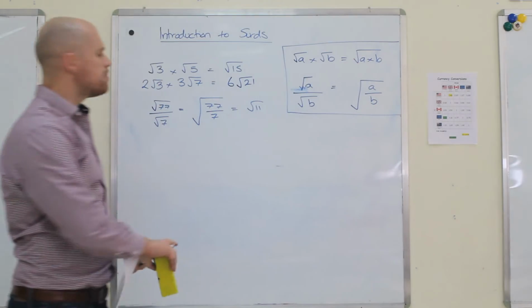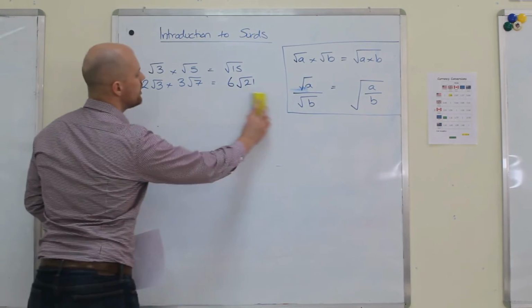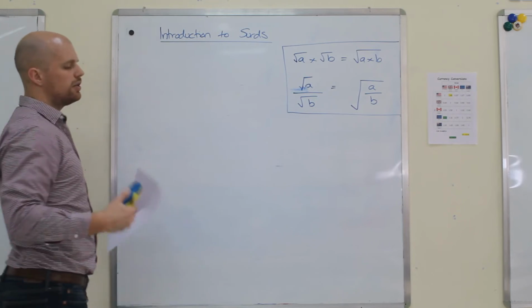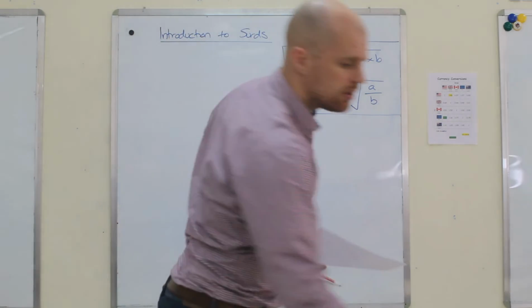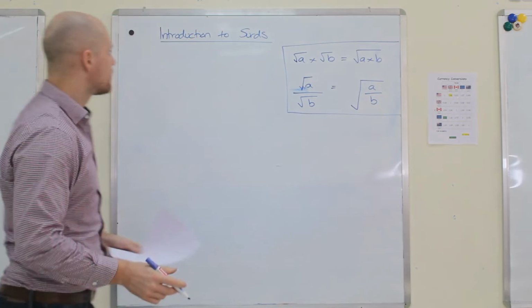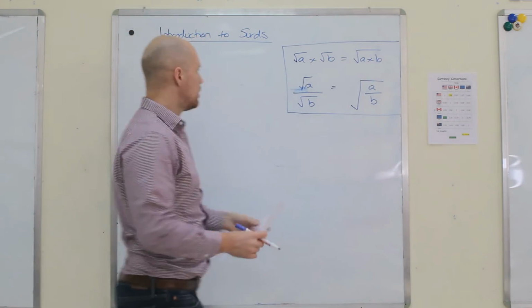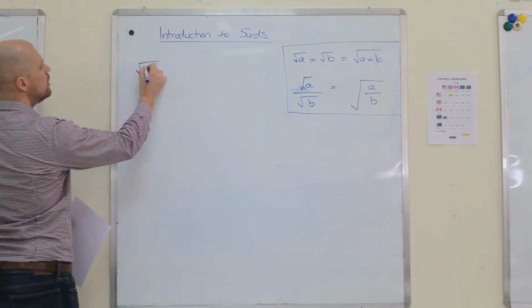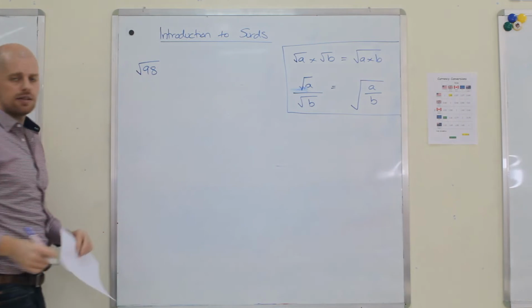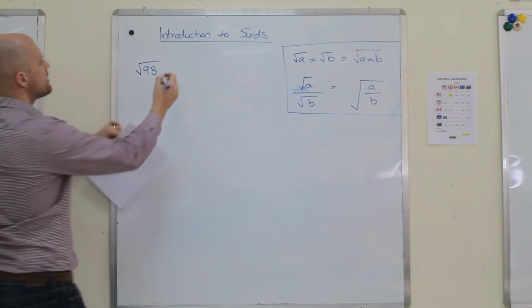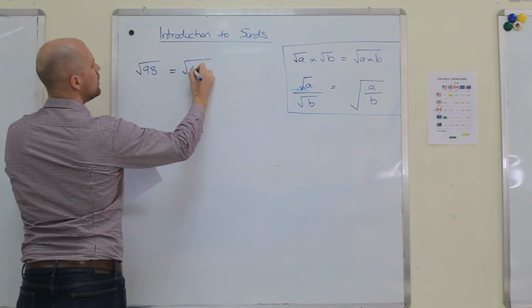Now, simplifying surds is a really important part of the course, and it's something that you need to be able to do very quickly. I use these, but normally in reverse. So for example, if I take root 98, I can write 98 as 49 times 2.